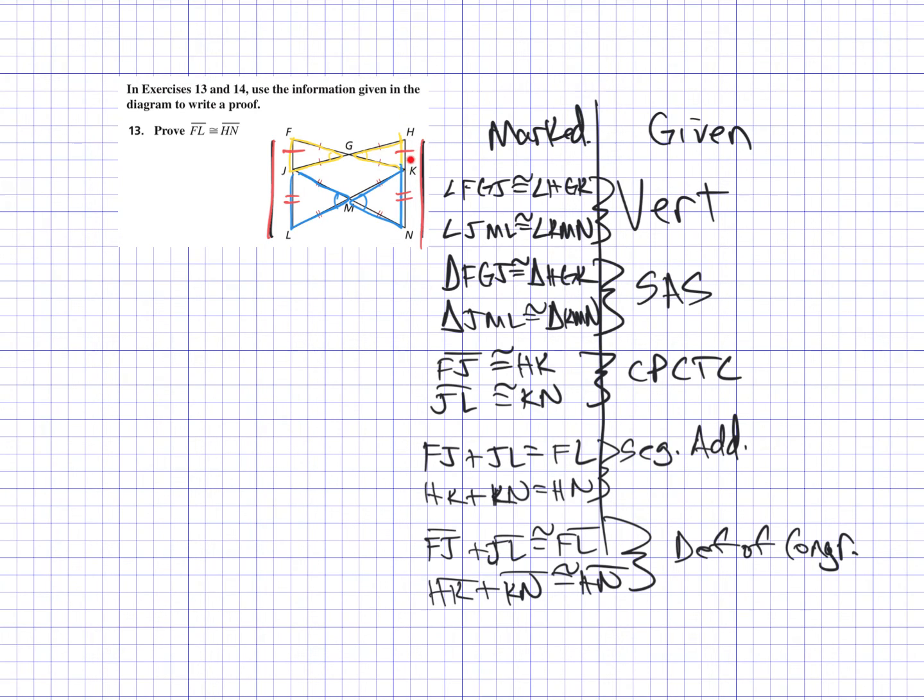You can say substitute HK for FJ, and KN for JL. So HK plus KN is congruent to FL, and HK plus KN is HN. So HN is congruent to FL. Okay?